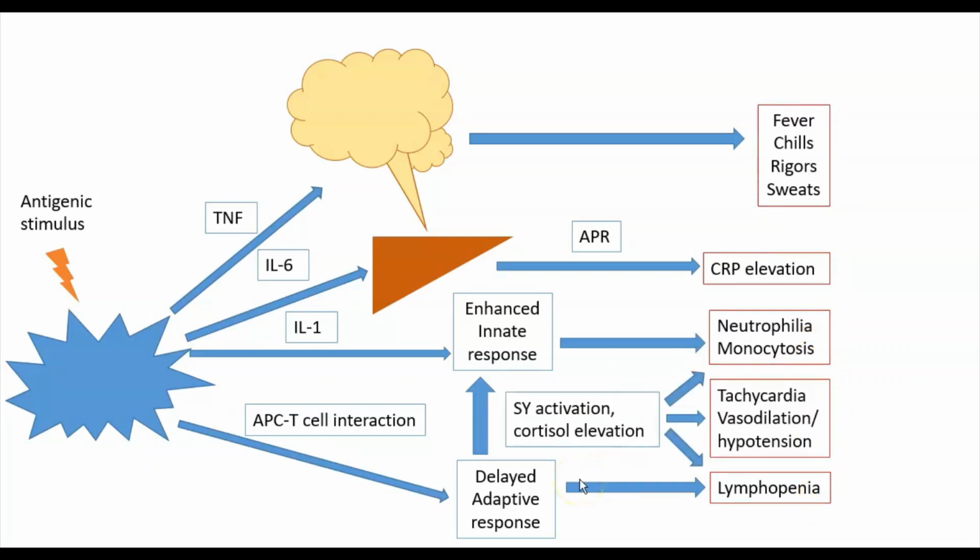An infection also leads to significant physiologic sympathetic activation and cortisol elevation, which leads to the classic presentation of a tachycardia and systemic vasodilation, which when severe can lead to hypotension as well.